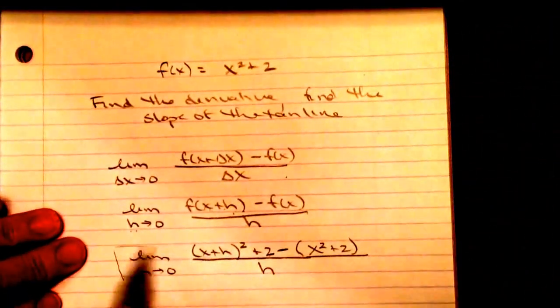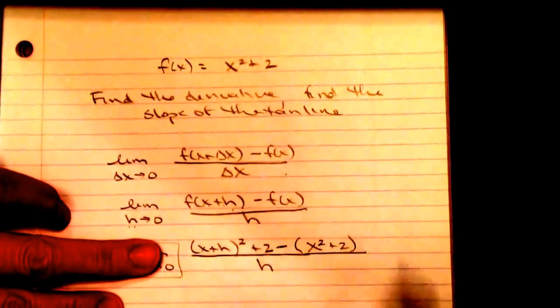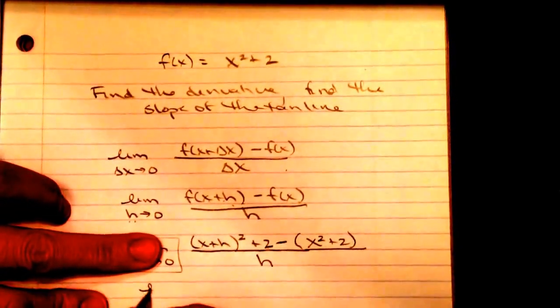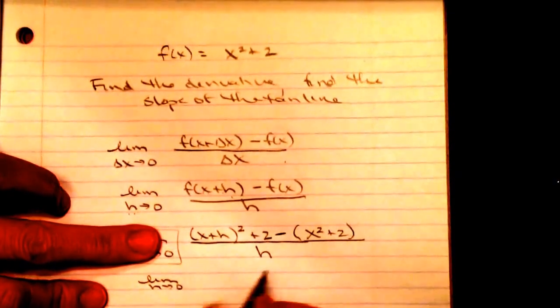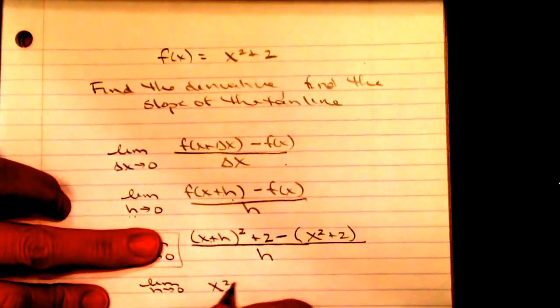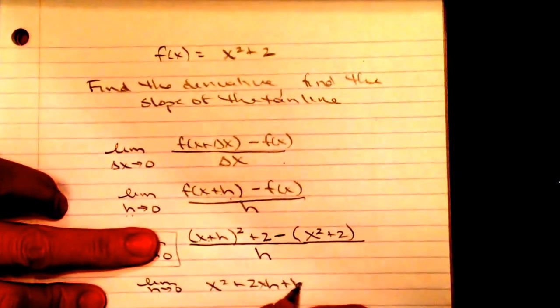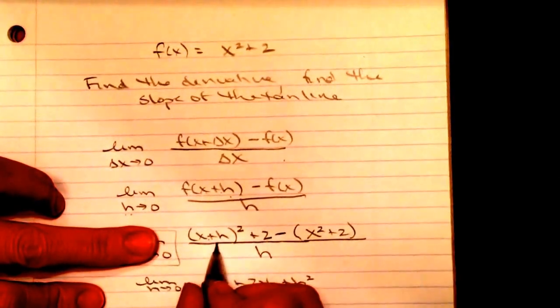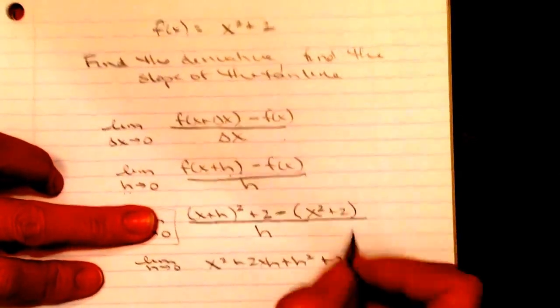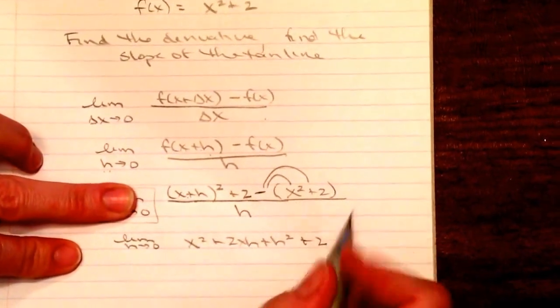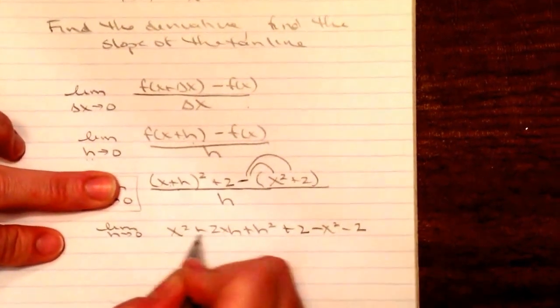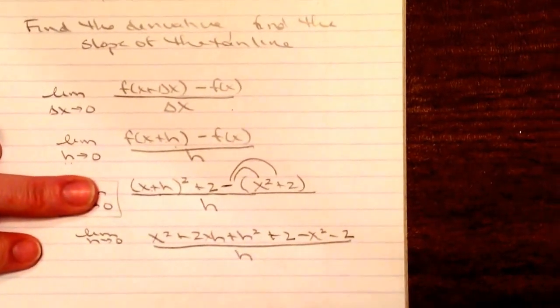So we're going to forget about the limit for a minute and just simplify our difference quotient like we've done before. This simplifies to x squared plus 2xh plus h squared when we FOIL this, plus 2, and then we distribute our negative, minus x squared minus 2, all over h.